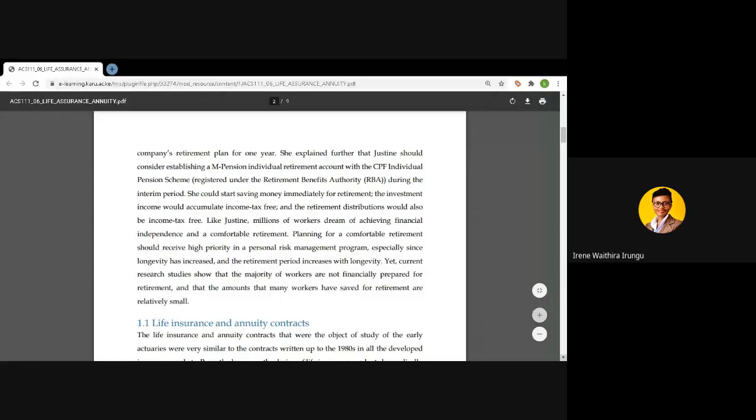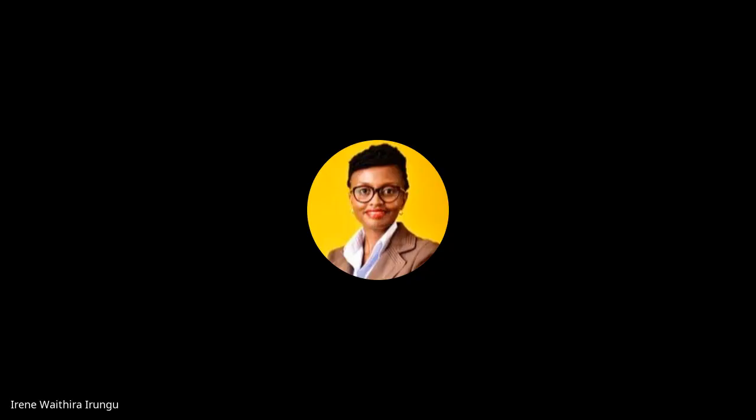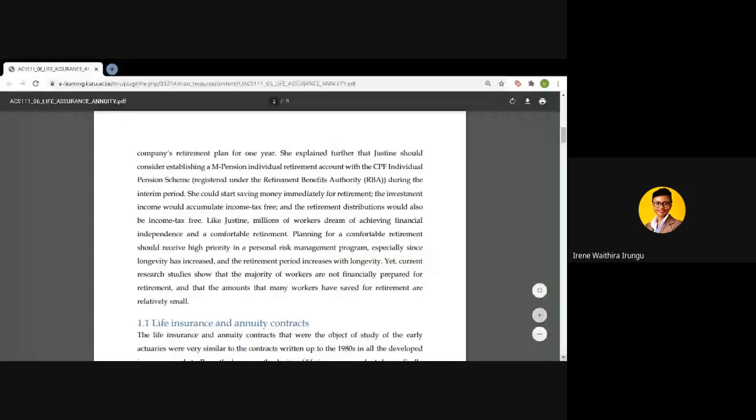Planning for a comfortable retirement should receive high priority in a personal risk management program, especially since longevity has increased and people are living longer, and the retirement period increases with longevity. Yet current research shows that a majority of workers are not financially prepared for retirement, and the amounts that workers have saved for retirement are relatively small.